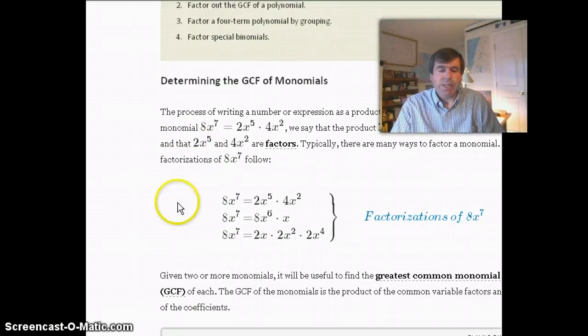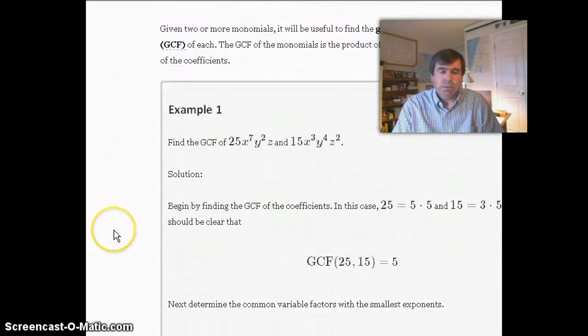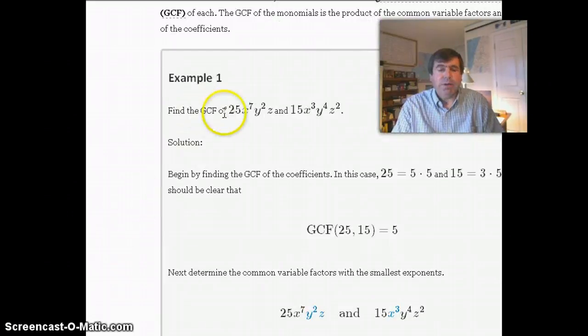So here's an example. 8x to the 7th can be divided into 2 factors. You see the factors? Okay. You're familiar with that. Find the greatest common factor of the terms. Well, so what numbers are common to them and what factors of x? So notice 5 would be common there.